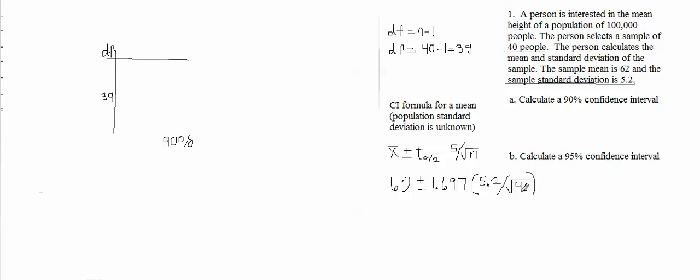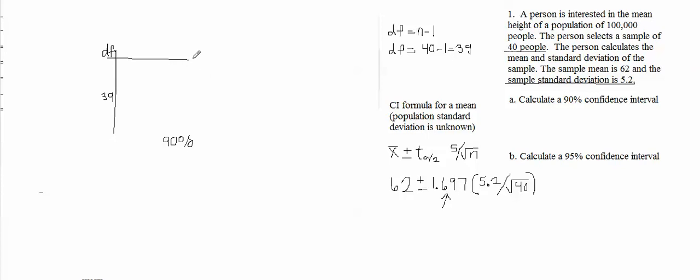We find the square root, we divide in the parentheses, then we multiply by this number, and then we add and subtract, and we get our confidence interval. And if you wanted to create the 95% confidence interval, you would do the same steps we did here. The only difference is this number out here wouldn't be the same number.